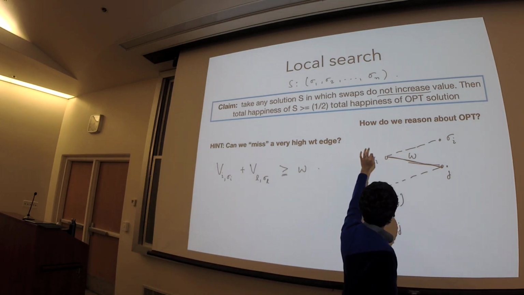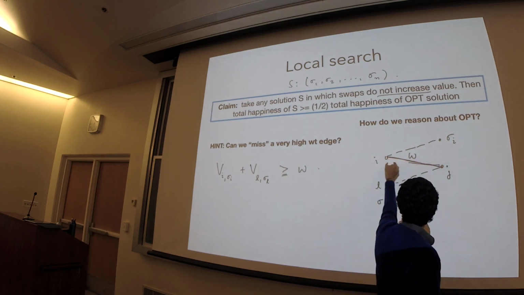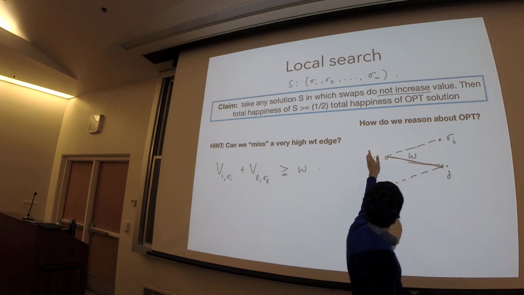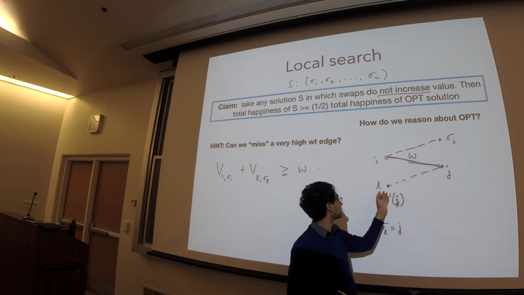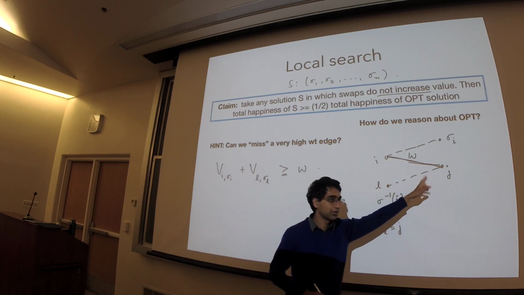Now I define sigma I to be the gift that child I was given, and I also look at the child who got gift J.